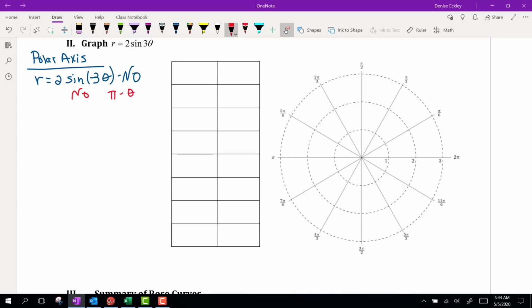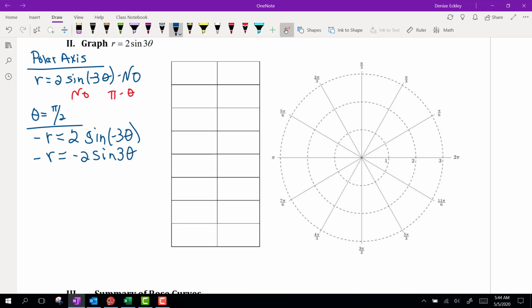It's still no. And the second one is going to be the line theta equals pi over 2. And I'm going to put negative r equals 2 times sine. That's supposed to be a 2. It looks like a theta the way I wrote it. 2 times sine of negative 3 theta. And so you're going to have negative r equals negative 2 sine 3 theta. So this is a yes.